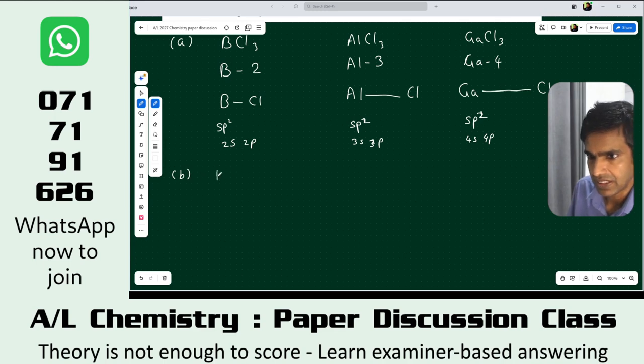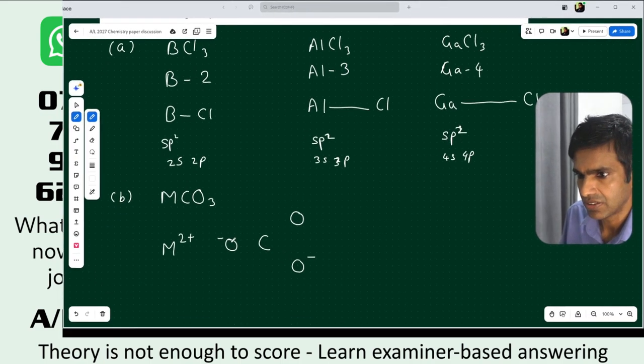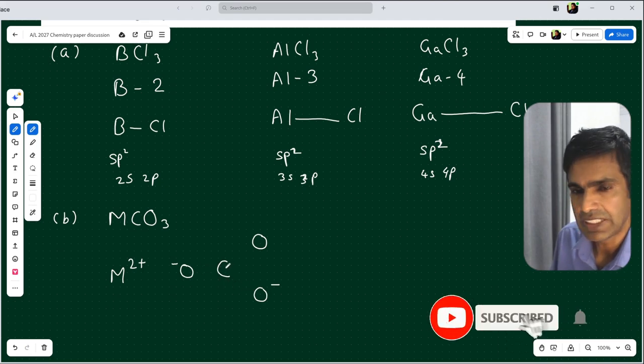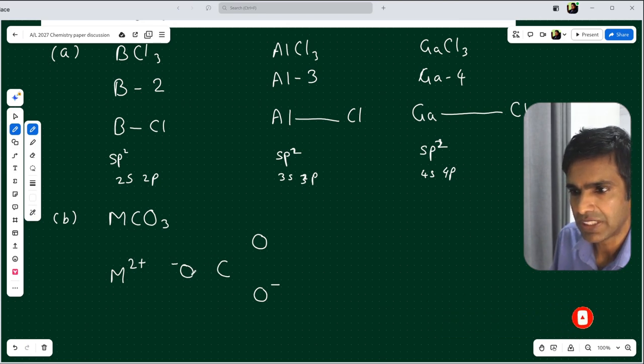Let's take the formula of carbonates as MCO3, general formula. So there is M ion and the carbonate ion. We can draw the Lewis structure of carbonate ion. There are 2 negative charges. We can mark those 2 negative charges on oxygen atom because when we consider carbon and oxygen, the most electronegative element is oxygen.